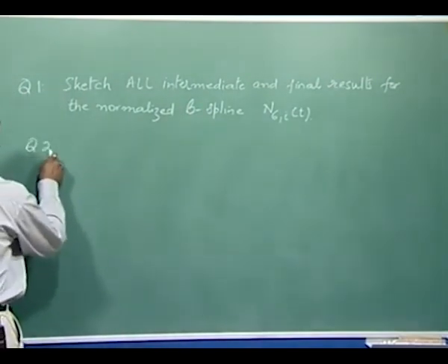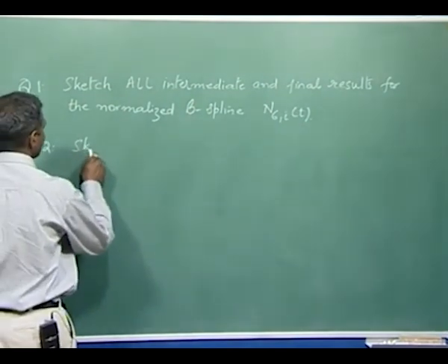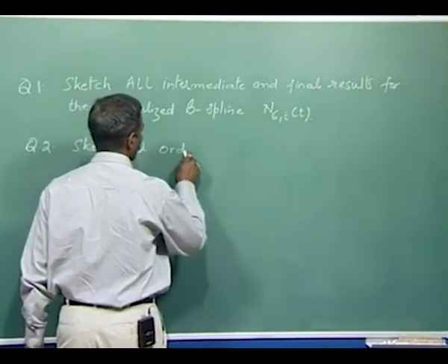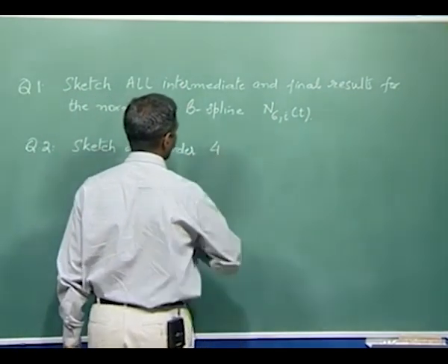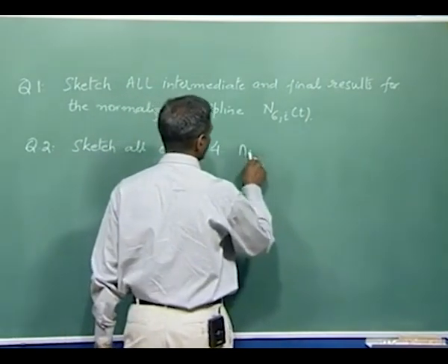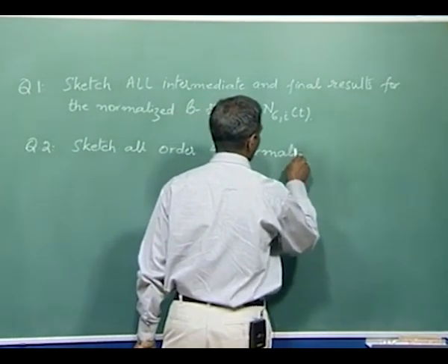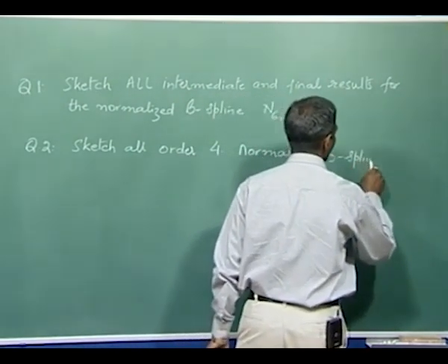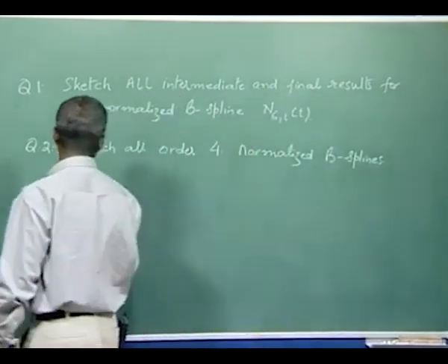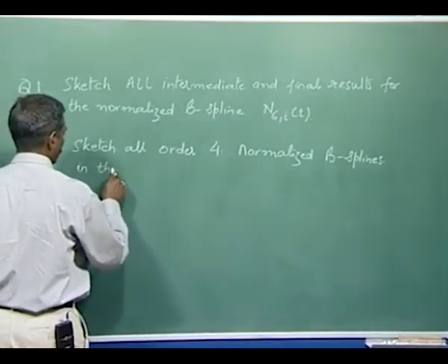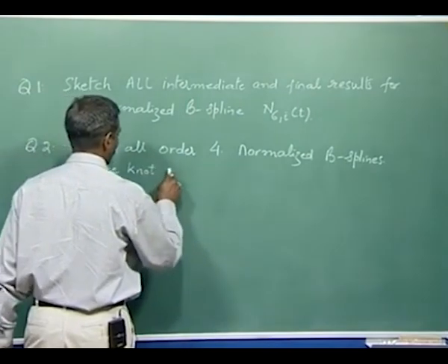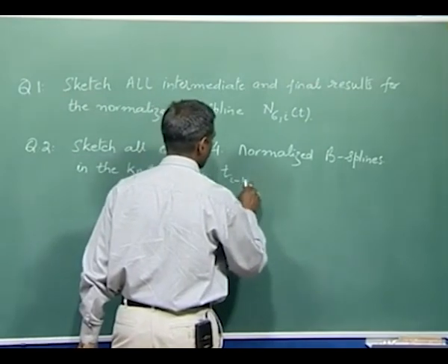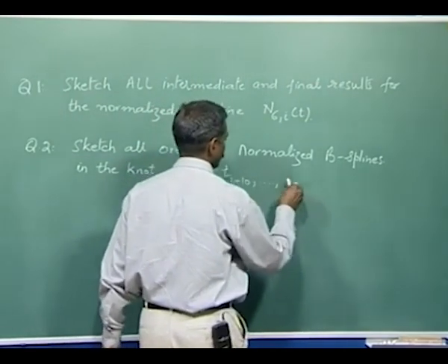Question 2. Sketch all order 4 normalized B-splines in the knot span t i minus 10 to t i.